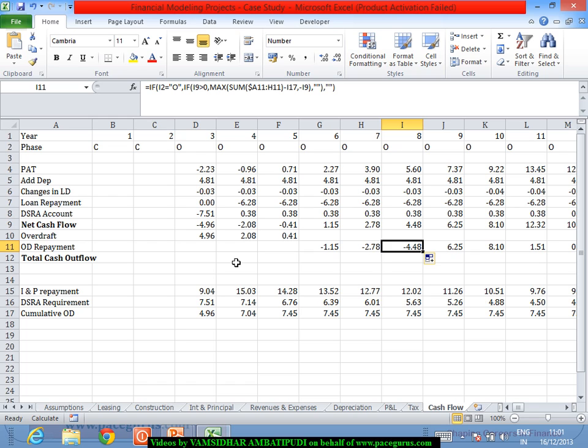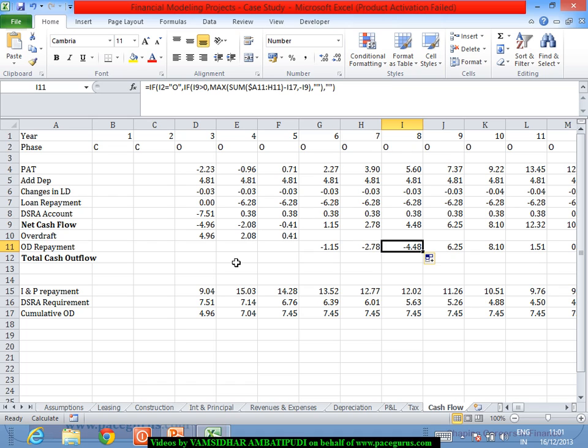So probably we have to be slightly careful in this formula. This is coming out to minus 4 point something, minus I9 minus I17, which is 7.45. So this is working out to minus 11 point something.